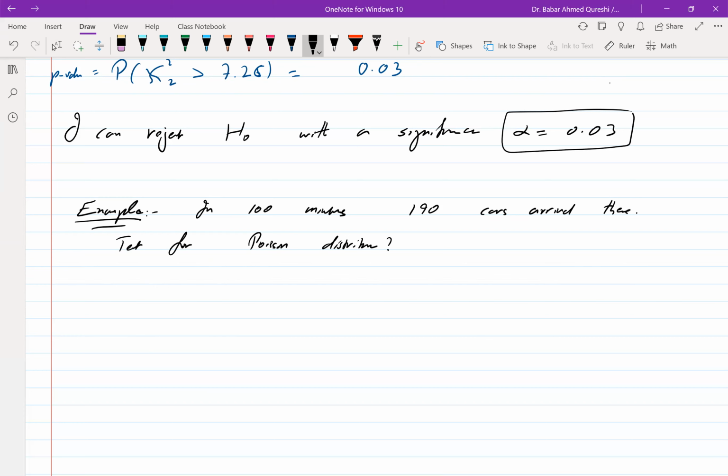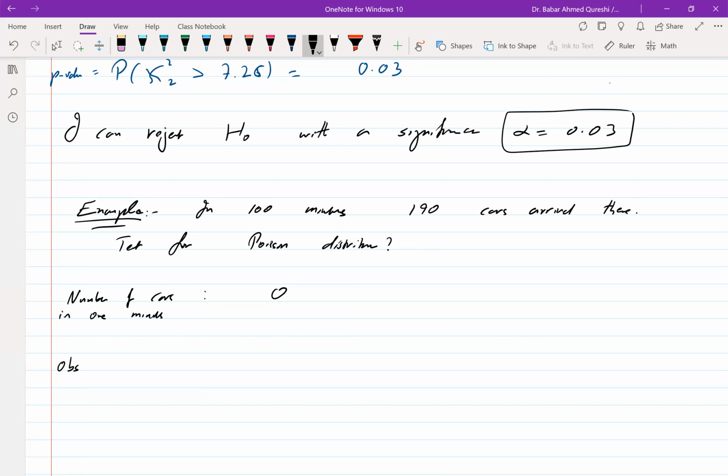Did they follow the Poisson distribution or not? So we have these categories: number of cars in 1 minute. For example, there could be some times when no cars arrived.